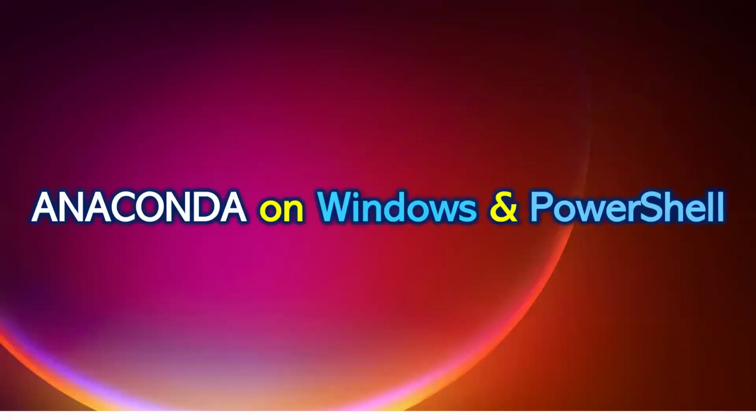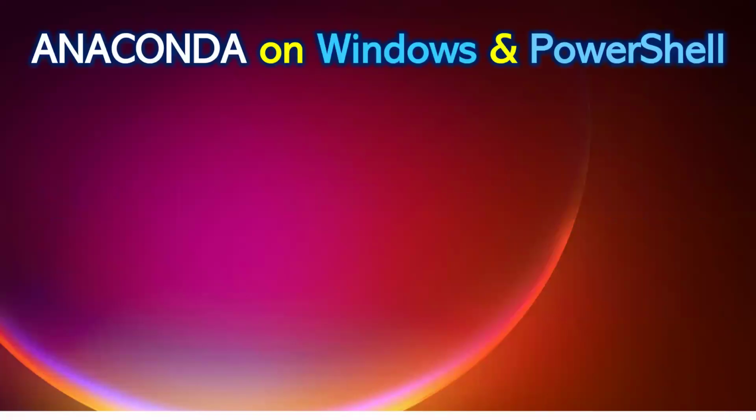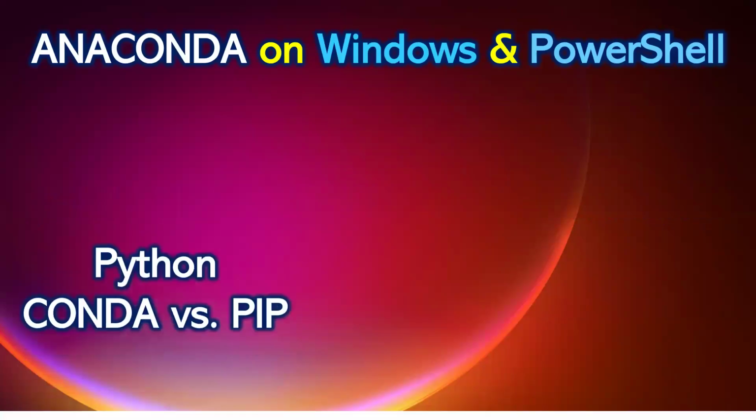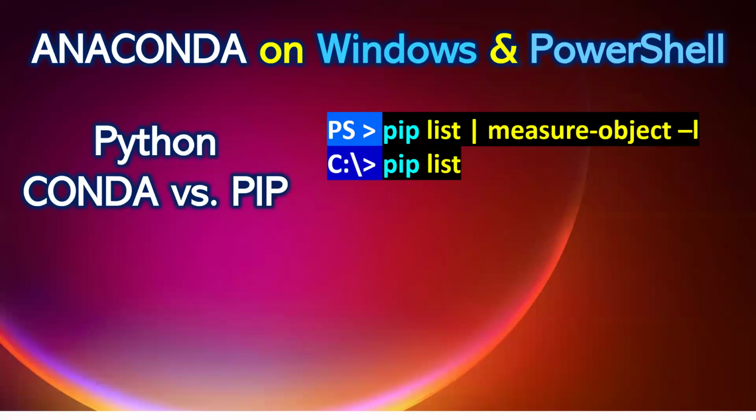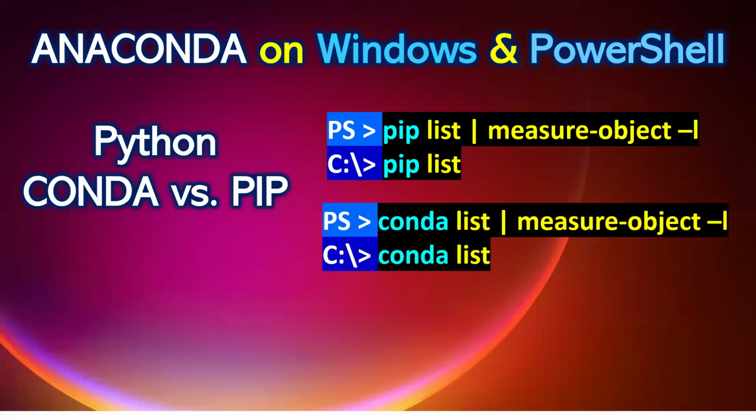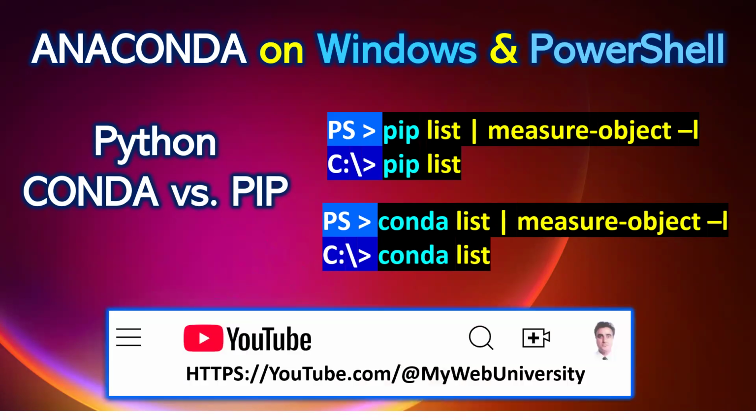This video is going to be Anaconda on Kali Linux. The next video that is going to be coming is Anaconda on Windows and PowerShell. I'm just going to give you a view of what I'm going to be covering in the second video for Anaconda, which would be on PowerShell and CMD, which is the command prompt.